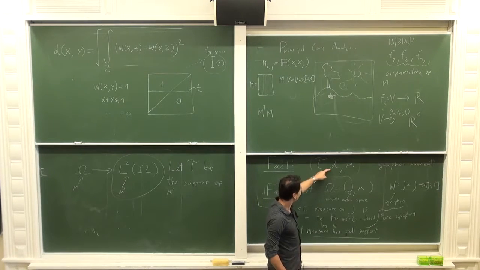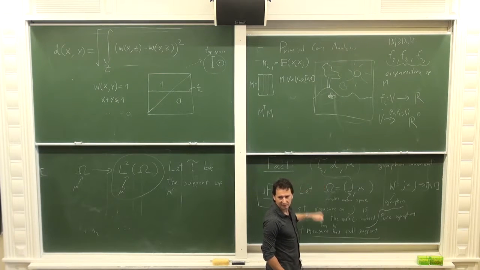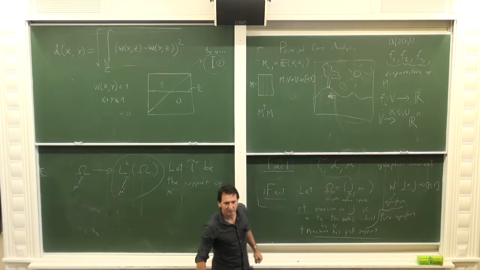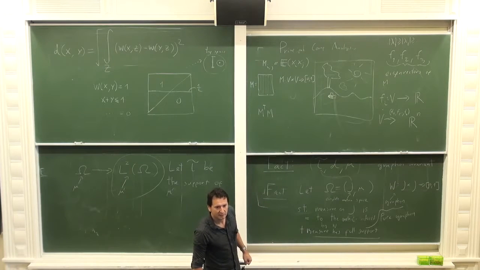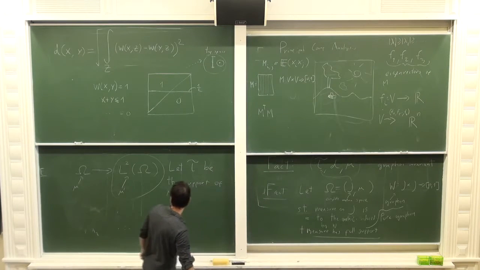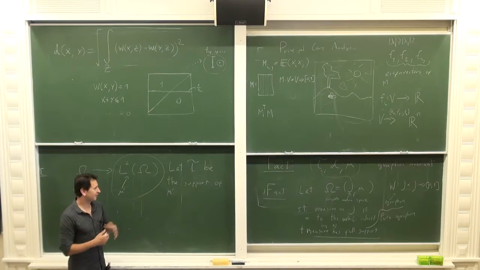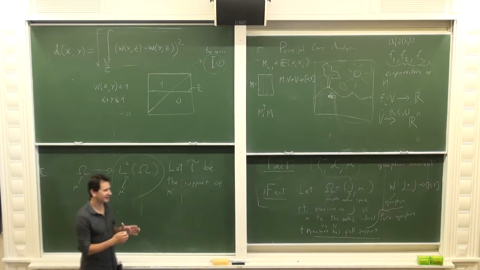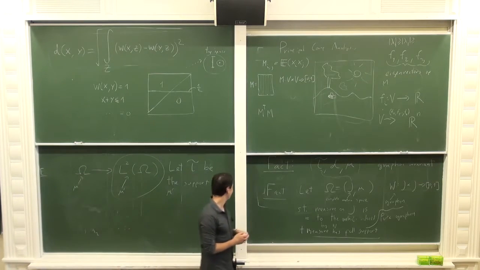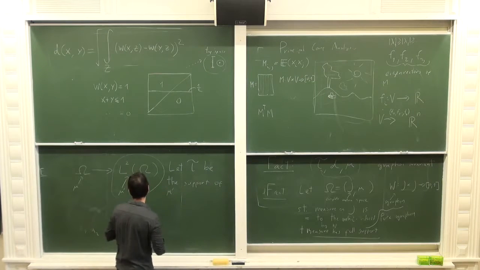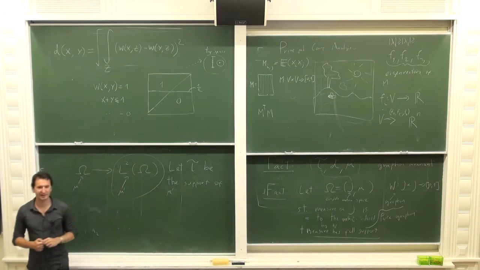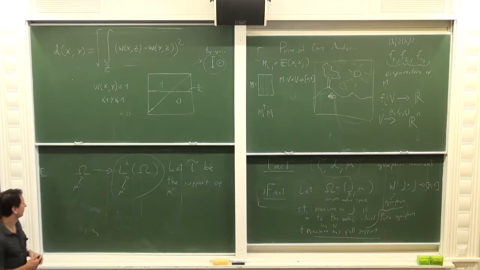So d is always defined on the vertex of the graphon. If you define the distance d on an arbitrary graphon without doing this transformation, then it's not a graphon invariant, of course.